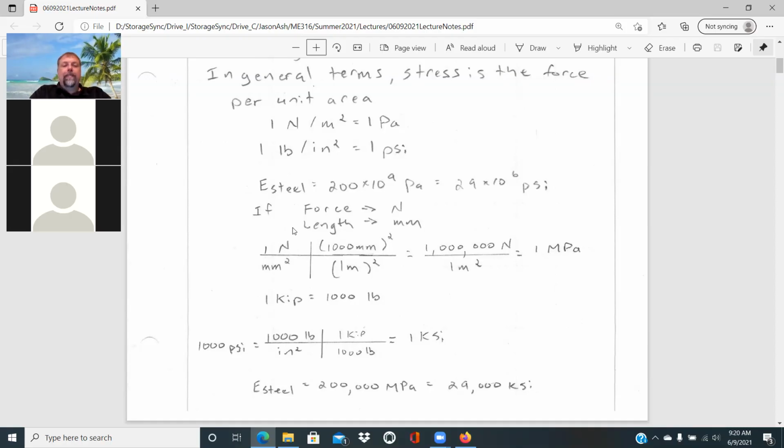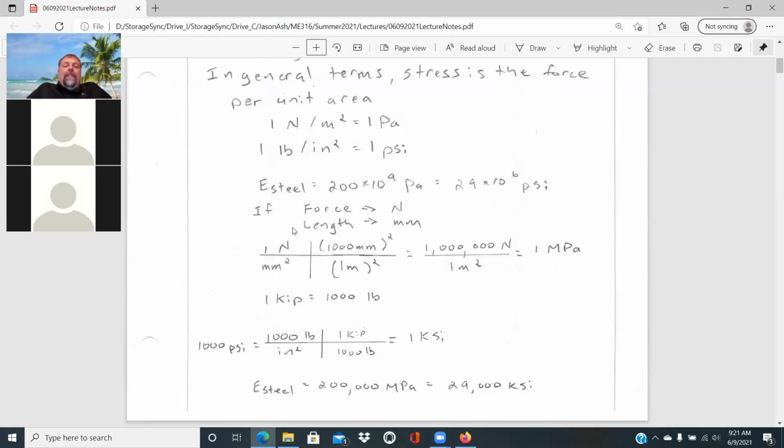Then you can do the same thing in the English engineering system, where they have defined a kip. 1 kip is equal to 1,000 pounds, and therefore 1,000 PSI would be equal to 1 KSI.